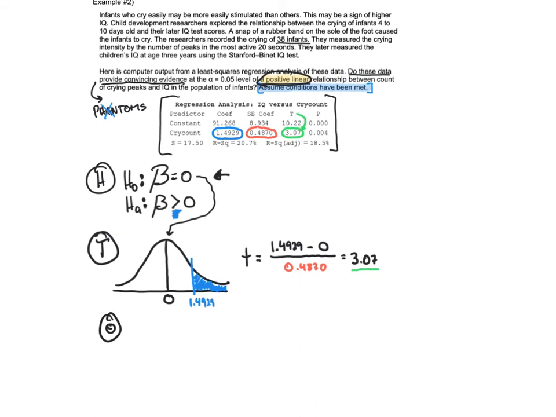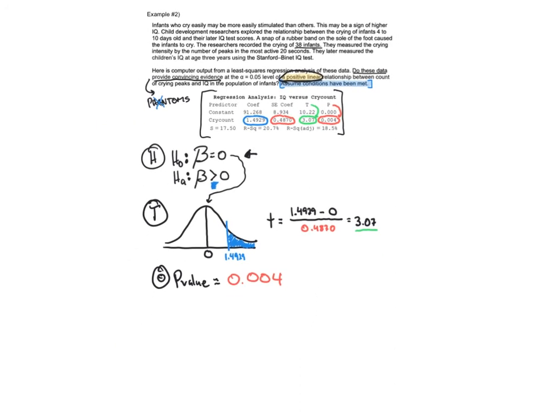And then let's obtain a p-value. Check this out. The p-value up here says your p should be 0.004. So we got our p-value, right? That's it right there. If you needed to, remember what your degree of freedom is.